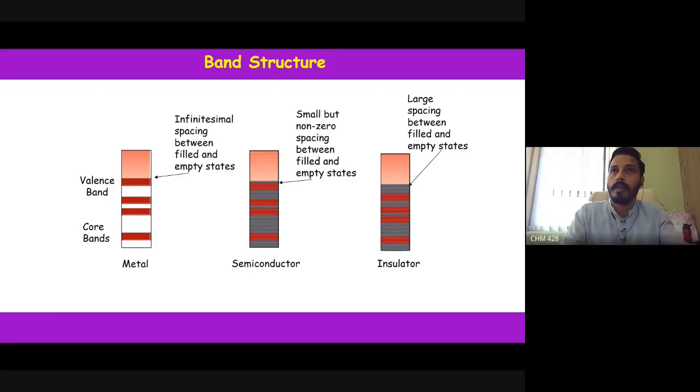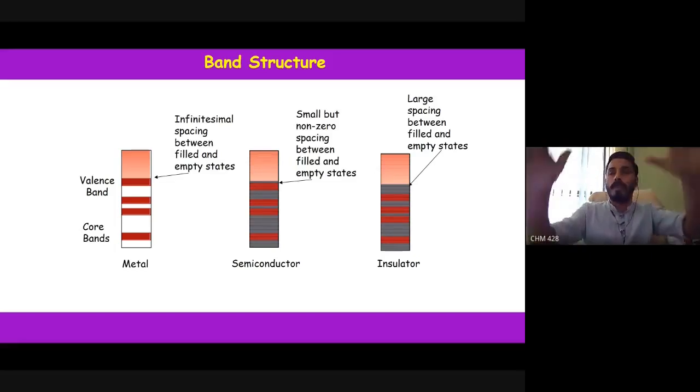What is the Fermi level? The Fermi level is defined as the top of the filled energy bands, or sometimes it is defined as the level where the probability of occupation is 50%. Basically, it is the top of the filled energy bands.